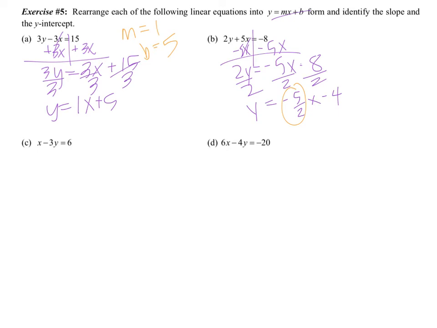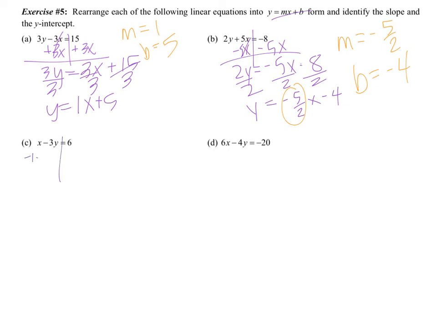If I was able to reduce that fraction, I would, which I can't reduce this one. So m is negative 5 over 2. Remember, since it's slope, it's your rise over run. You kind of want a fraction. And remember with your slope, if this is a minus, then it's a negative y-intercept. And if at any time you want to pause and try these out on your own, that's perfectly fine.